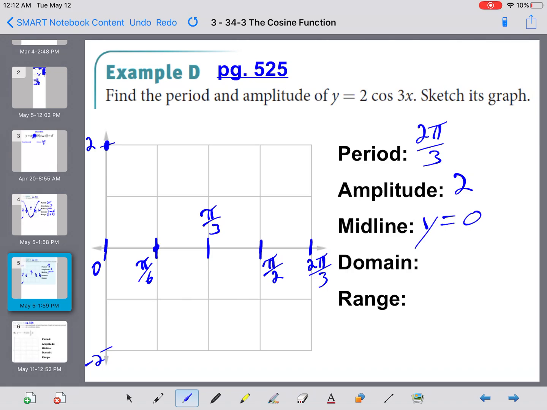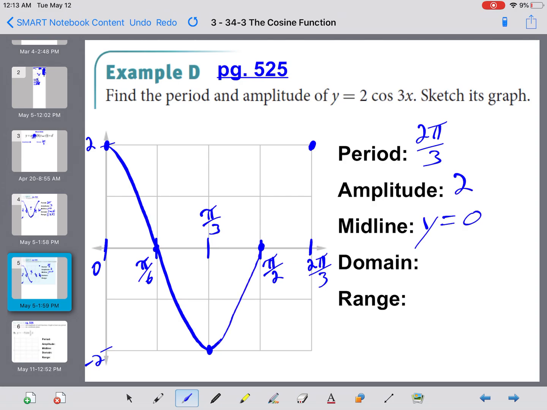Cosine curve starts here. It's going to work its way down to the lowest part, back up to the midline, and then back up to the highest part, and that's where it starts repeating. So that's one period, and we can stop graphing there. Curve looks like it did in the last few. Again, nice and smooth. Do the best you can.